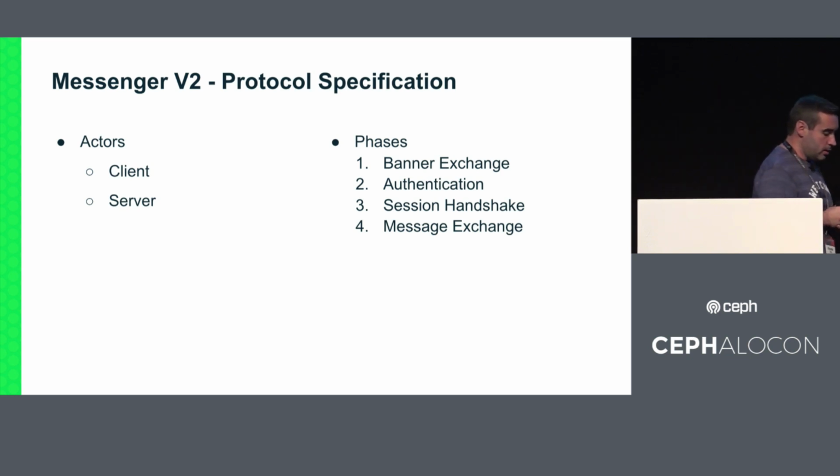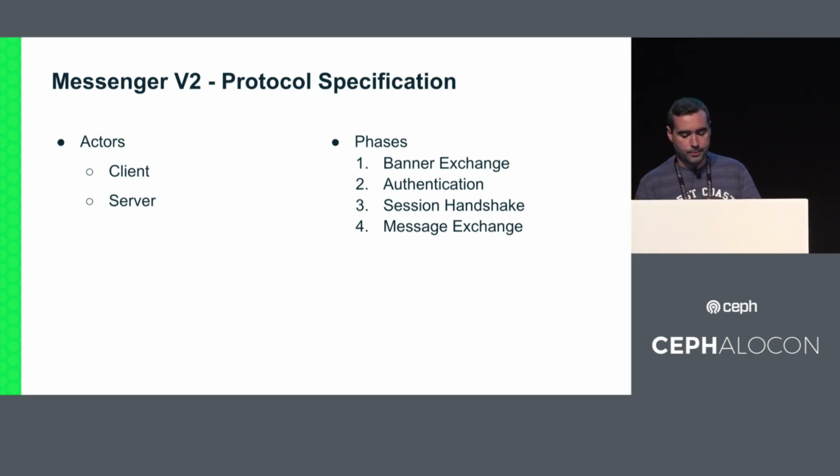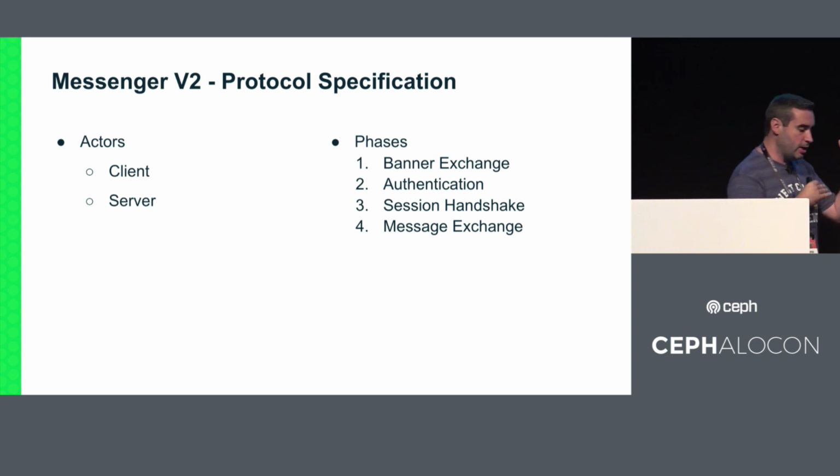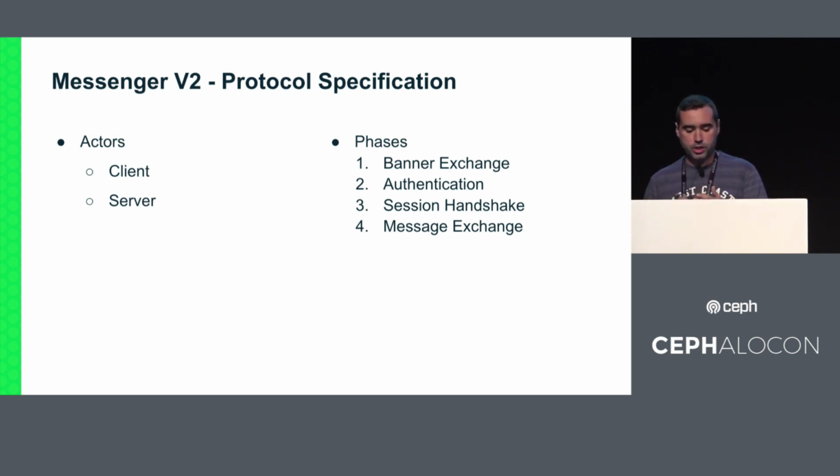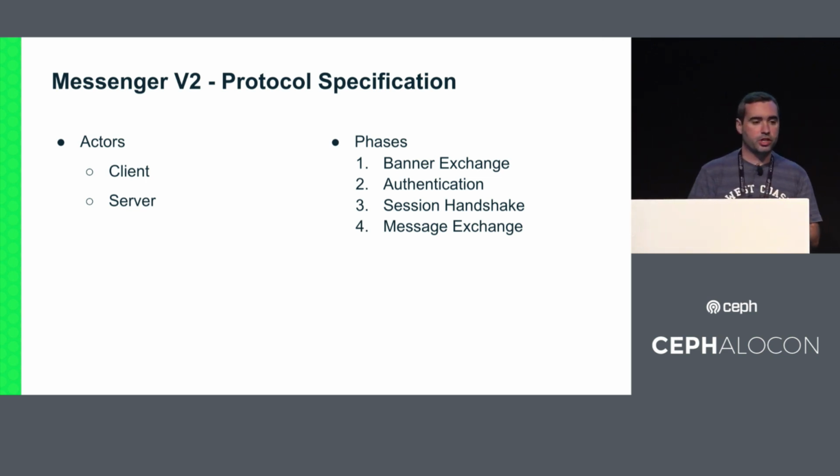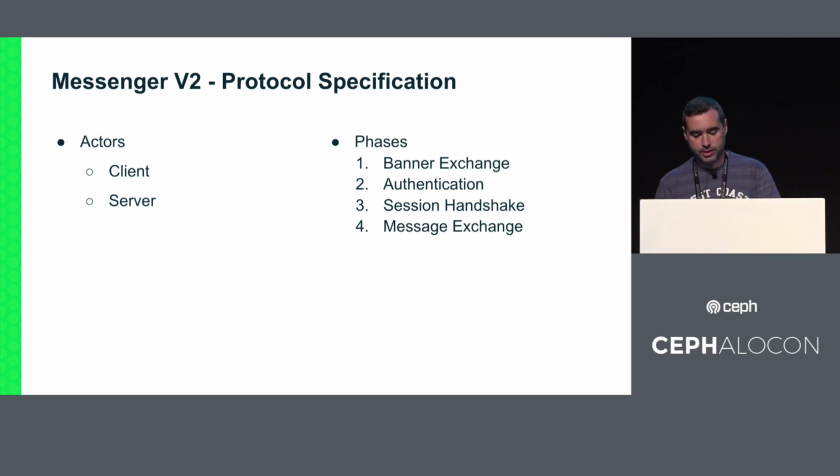Okay, so I'm going to show you briefly how the protocol works. For that, I will always have a client and a server. The protocol can be split in four phases. The first phase is called the banner exchange, then the authentication, then it proceeds to the session handshake, and in the end, the message exchange.